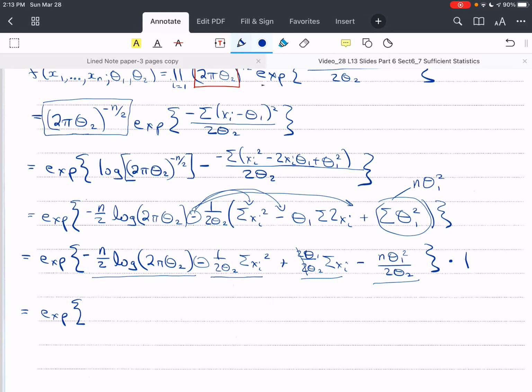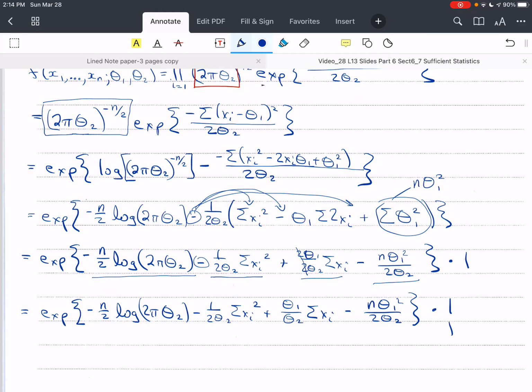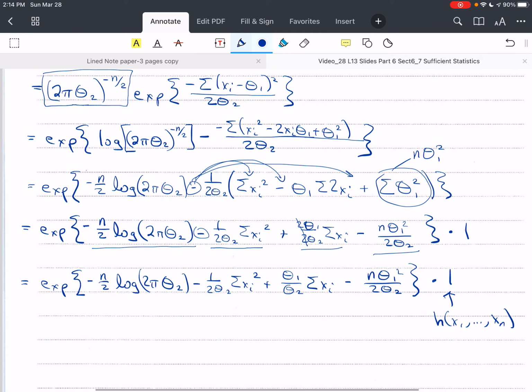I'm going to rearrange a little bit: n over 2 log 2 pi theta 2 minus 1 over 2 theta 2 sum of x_i squared plus theta 1 over theta 2 sum of x_i minus n theta 1 squared over 2 theta 2, times 1. This is h, and this is phi.